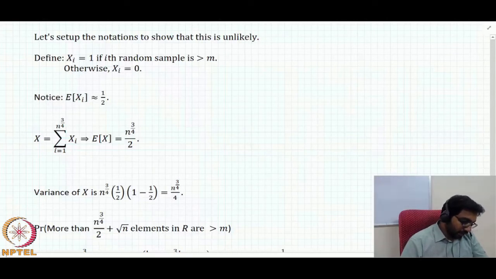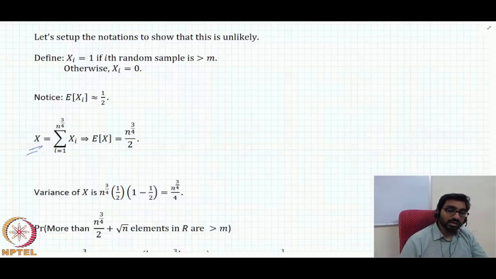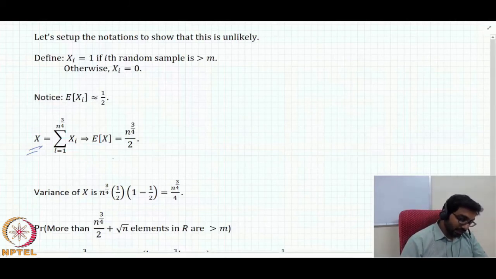Of course, now with these we aggregate these indicator random variables to define X to be the sum of all of them, and there's a total of n to the 3/4 such indicator random variables, because R has cardinality n to the 3/4. So the expectation of X is n to the 3/4 divided by 2.